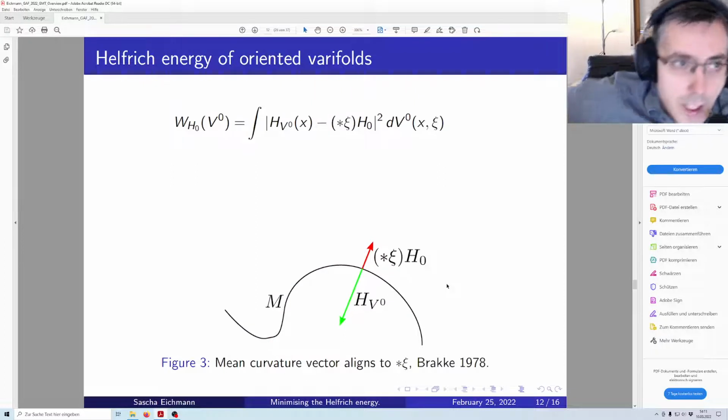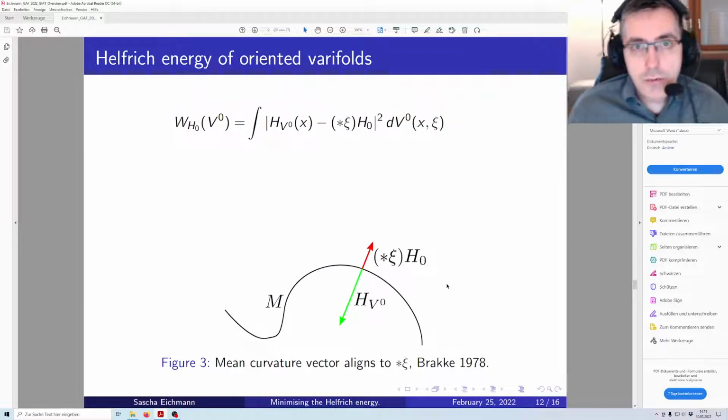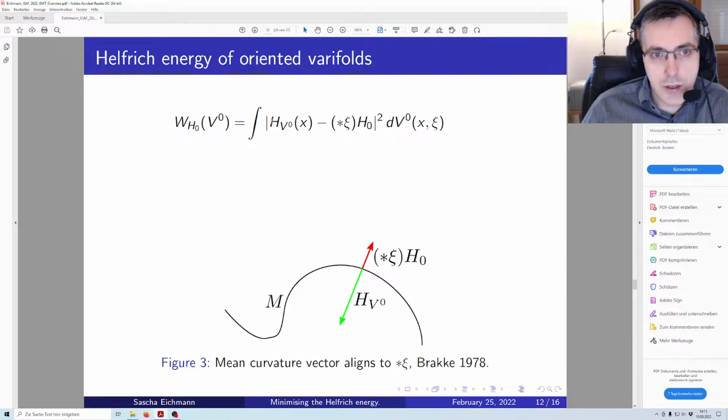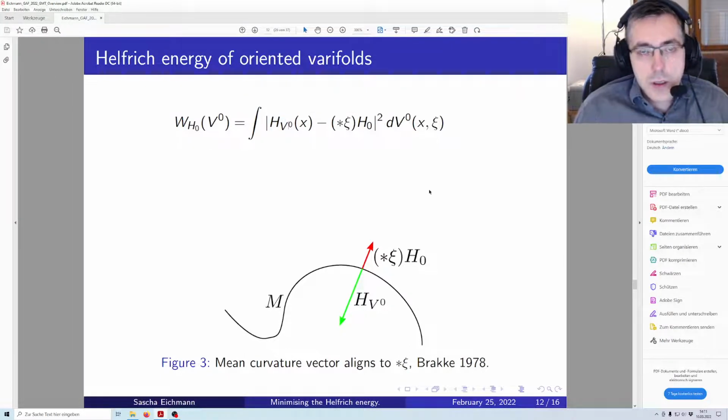Okay, and now we can define what the Helfrich energy for oriented varifolds actually is. So H subscript oriented varifold is just the mean curvature vector which we have defined above. There's no real difference there.